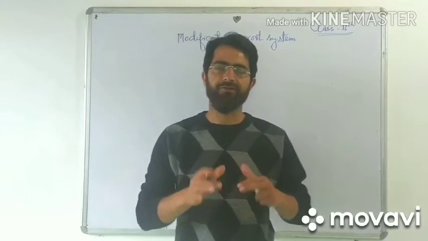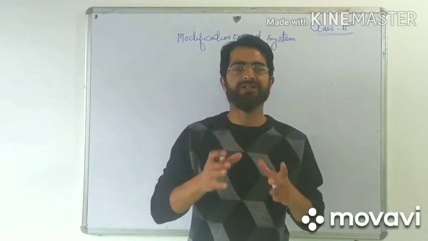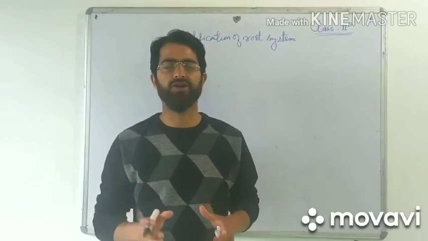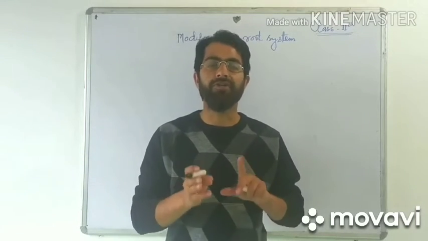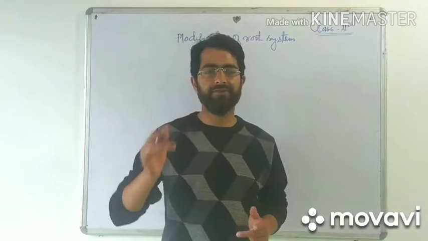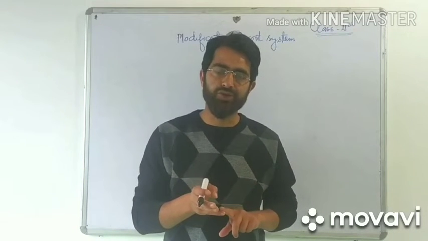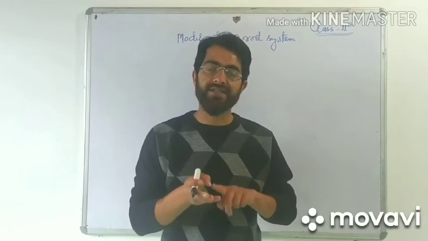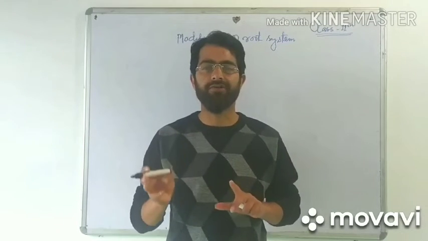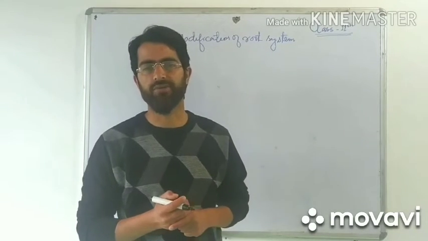When any part, whether root system or shoot system, changes its normal structure and performs a secondary function, we call it a modification. When the root system performs any function other than anchoring, absorption of minerals and water, or prevention of soil erosion, we call it a modification of roots.